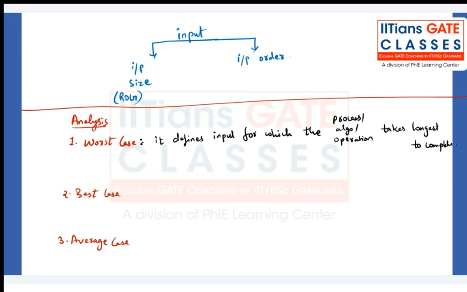Depending on the input order, the worst case would be such an input for which any particular operation takes the longest to complete. So intuitively, best case would be fastest to complete.